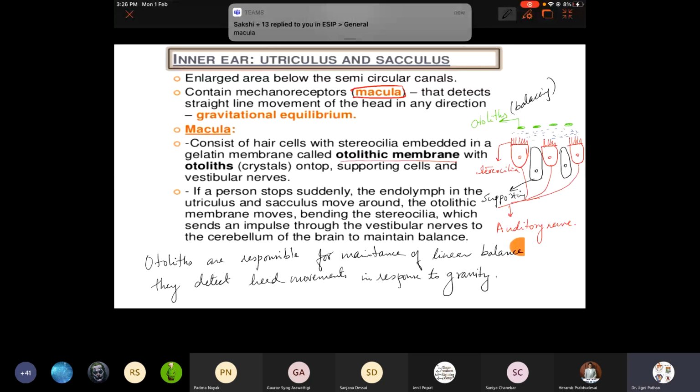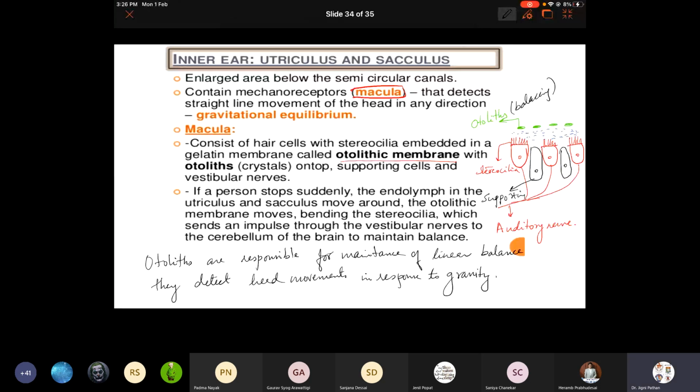Right? Macula is the sensitive part of utriculus and sacculus, and this is concerned with linear acceleration, that is, in response to gravity. Macula has two types of cells: one is sensory cells, the other is supporting cells. They have special crystals called otoliths that help them maintain balance. Are all these points clear? Any doubts?